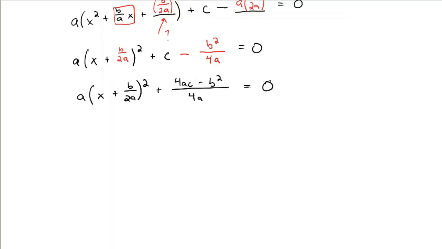What this says is the vertex of a quadratic is negative b over 2a, comma, 4ac minus b squared over 4a. That's a mouthful, but it's not worth memorizing, but there it is.